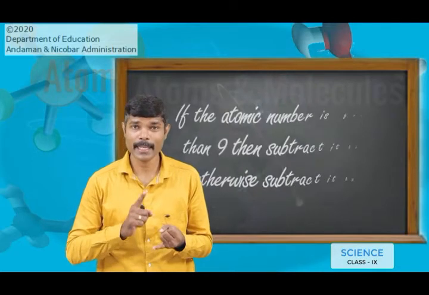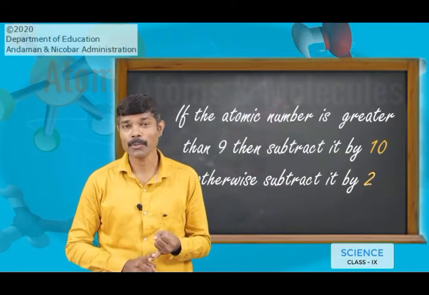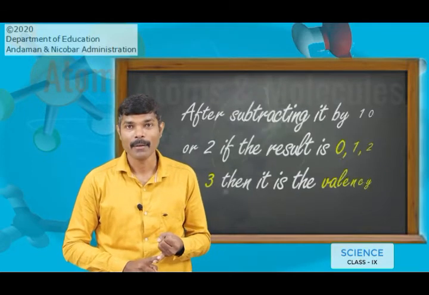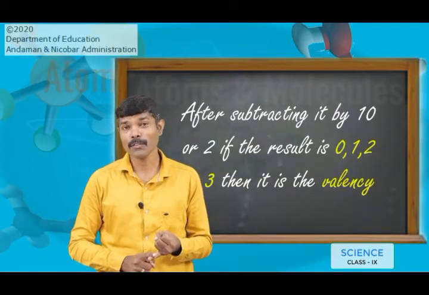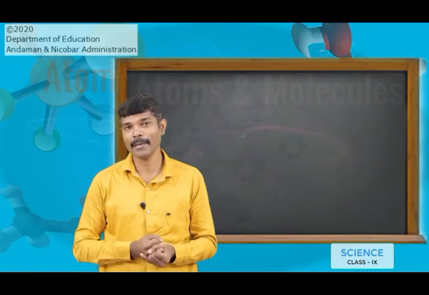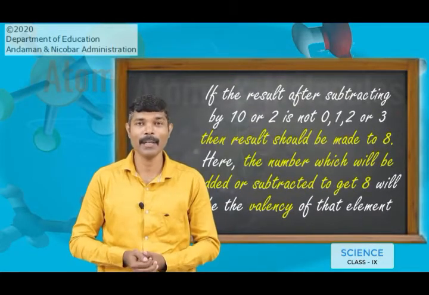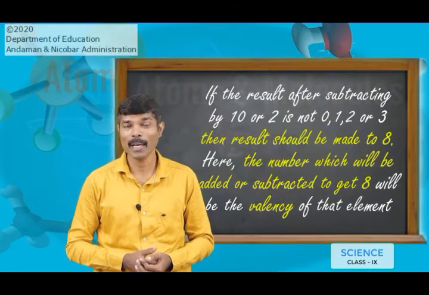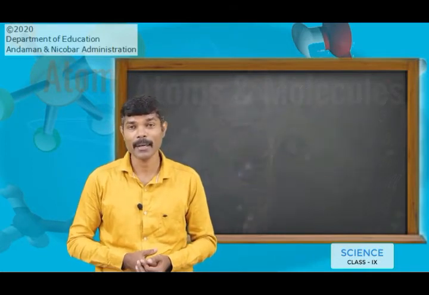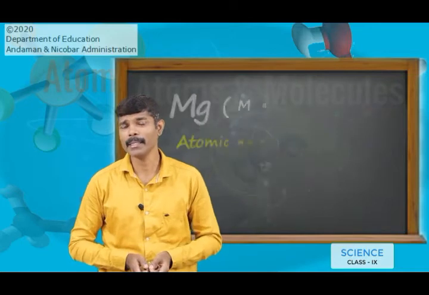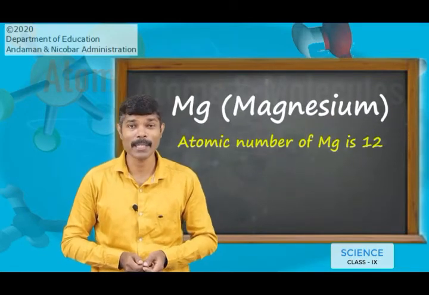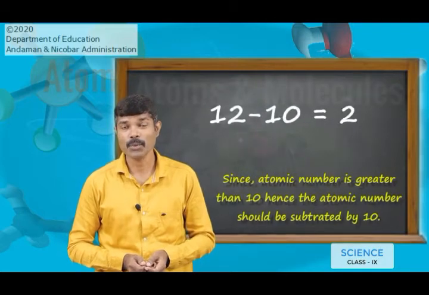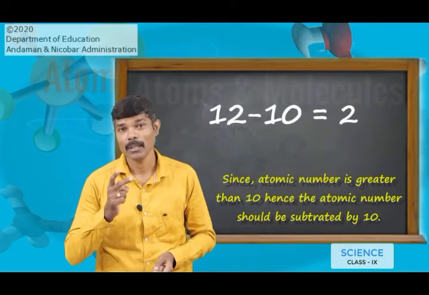If it is greater than 9, we have to subtract 10 from it. While doing so, whatever answer we get, from that we can identify the valency. The atomic number of magnesium is 12, which is greater than 9. If the atomic number is greater than 9, we have to subtract 10 from it. So by subtracting 10 from 12, we will get 2.